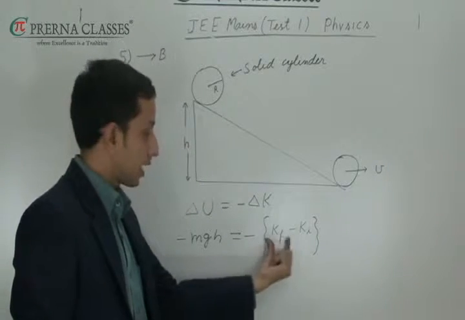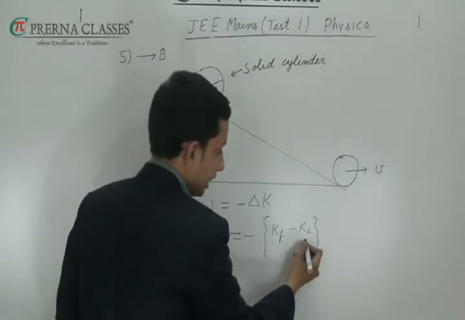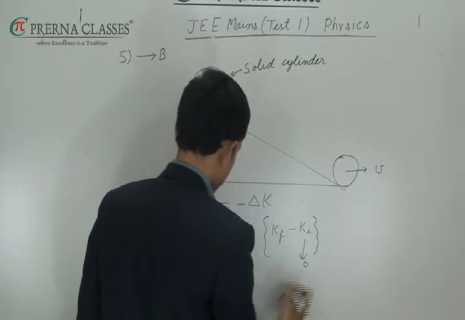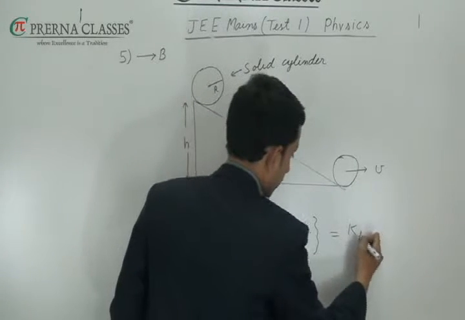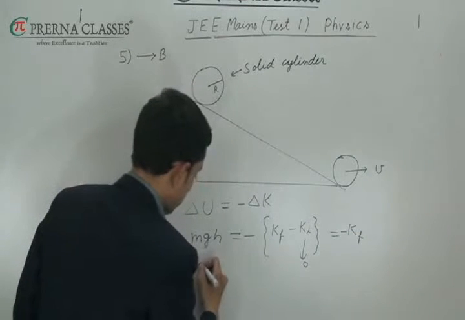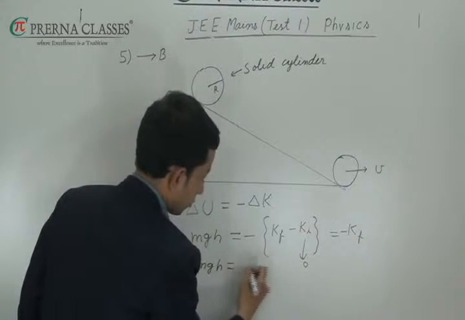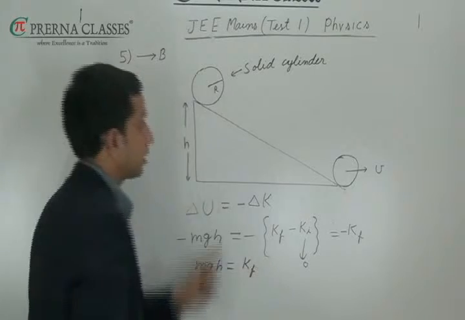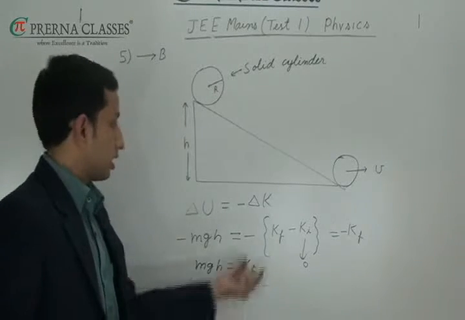We can write it like this: final and initial. Since initially it was at rest, we will get only K final. So mgh equal to the final kinetic energy of the solid cylinder.